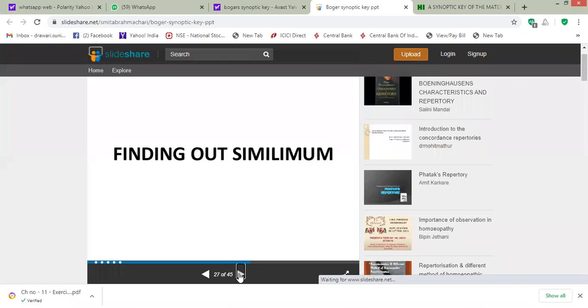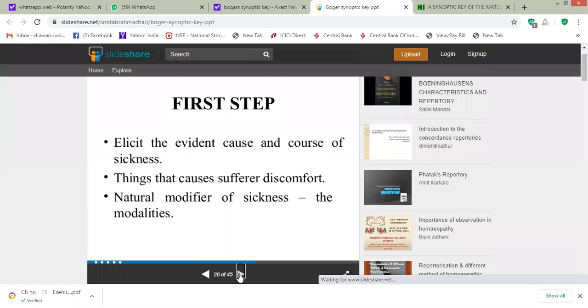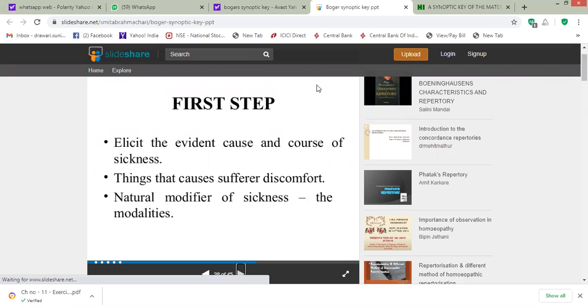Finding out the similimum: how we can find out the similimum by using this book, or how we can reach towards the exact similimum with the help of this book's repertory part as well as materia medica part.